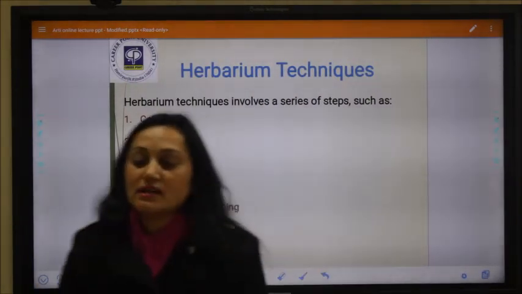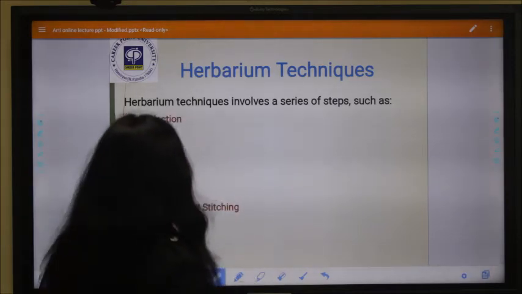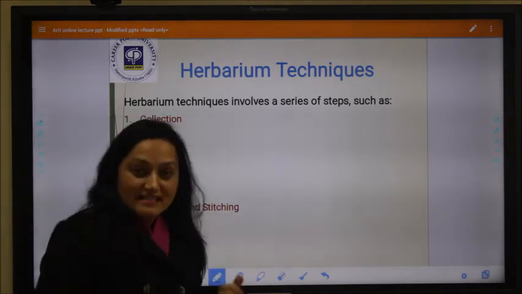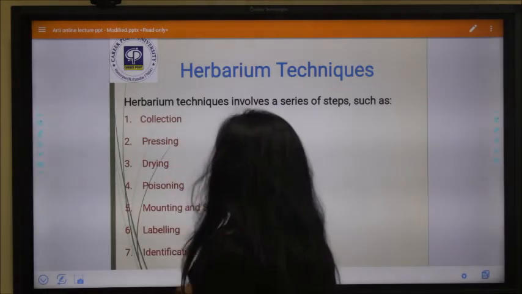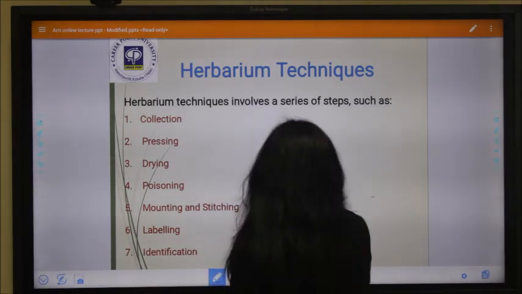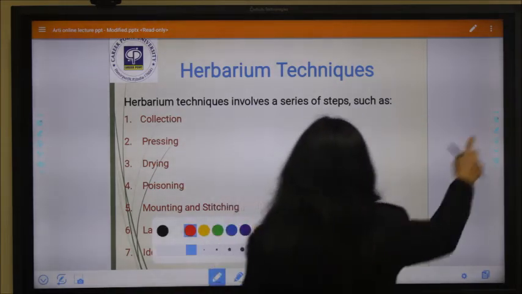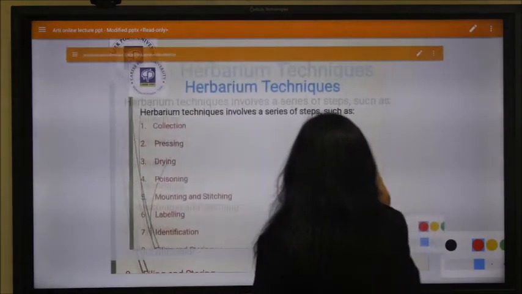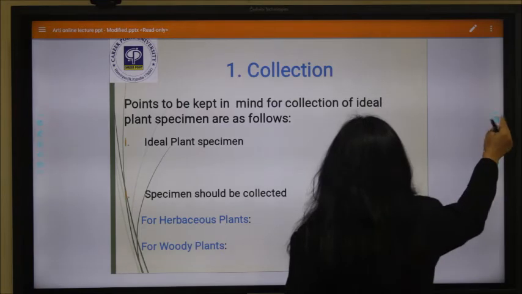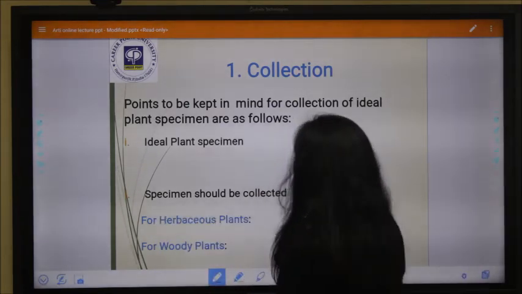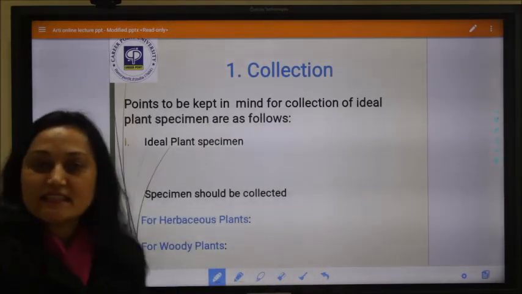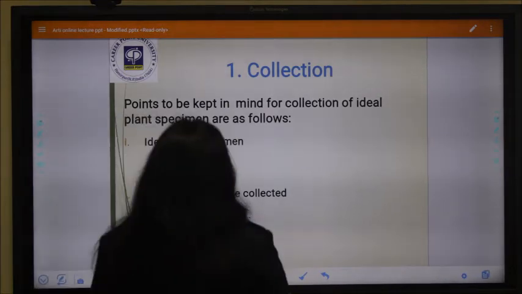Now the steps of herbarium techniques. There are different steps such as collection, pressing, drying, poisoning, mounting and stitching, then labeling, identification, and the last one is filing and storage. Let's discuss the first step, that is collection of plant specimen.